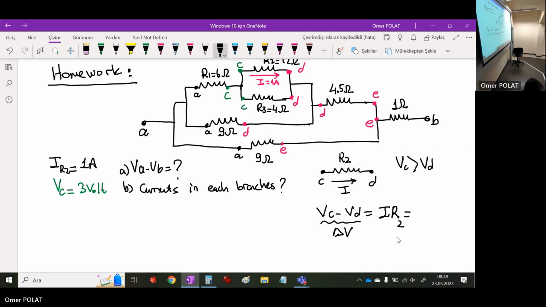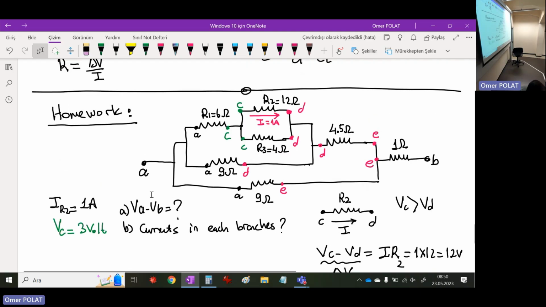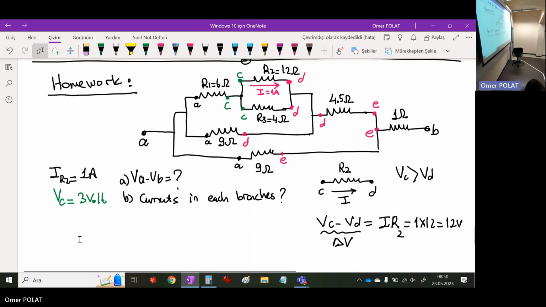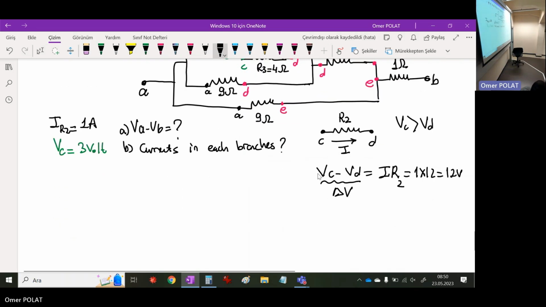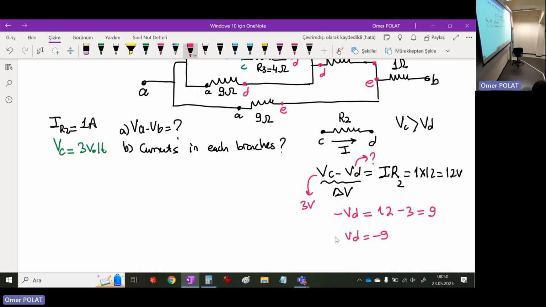R2. So what is the current? 1 ampere. What is the resistance? 12. This is 12 volts. 12 volt potential difference. I know the potential at C is 3 volts. What is the potential of D? If this is 3 volts, given in the question, what is the potential of D? 3 minus VD equals 12, so VD is minus 9.